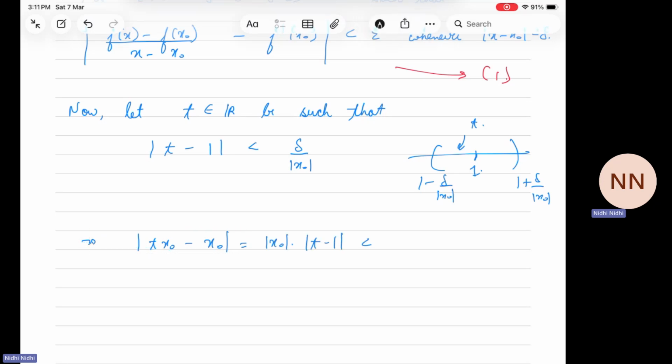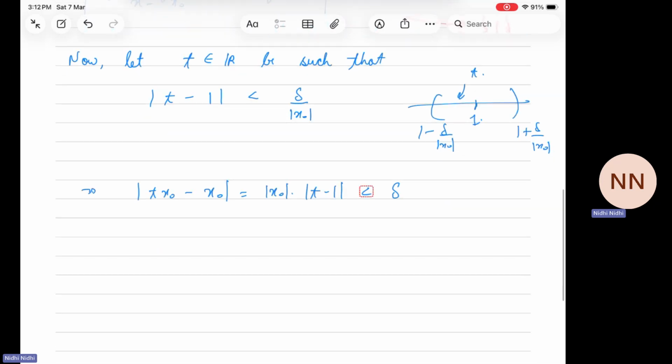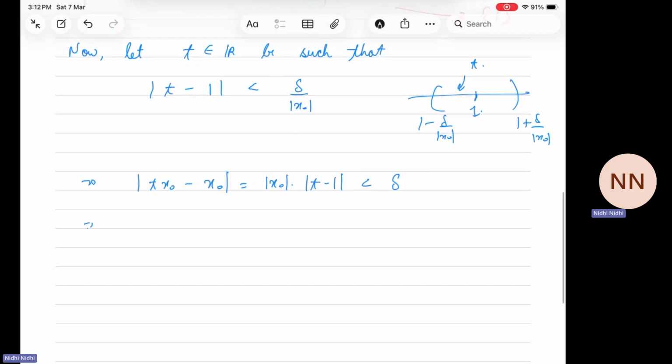This is strictly less than delta. That means t x naught is in delta neighborhood of x naught, that is mod t x naught minus x naught is less than delta.